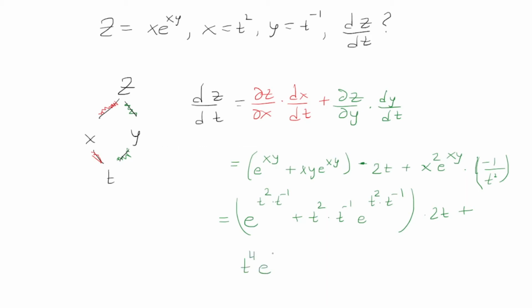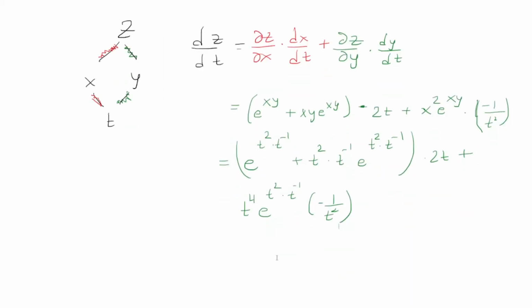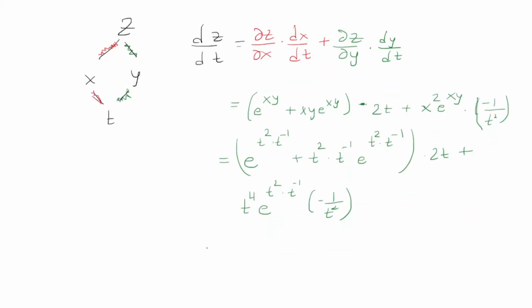And then we have e to the xy, x is t squared, y is t to the negative 1. And multiply that by negative 1 over t squared. So t squared times t to the negative 1 is just t. So it's e to the t plus t squared times t to the negative 1 is t, e to the t. This whole thing times 2t plus, now we have t to the fourth times negative 1 over t squared. That's negative t squared, e to the t.